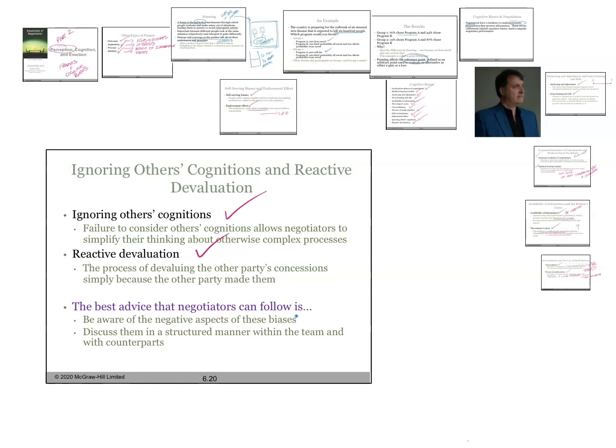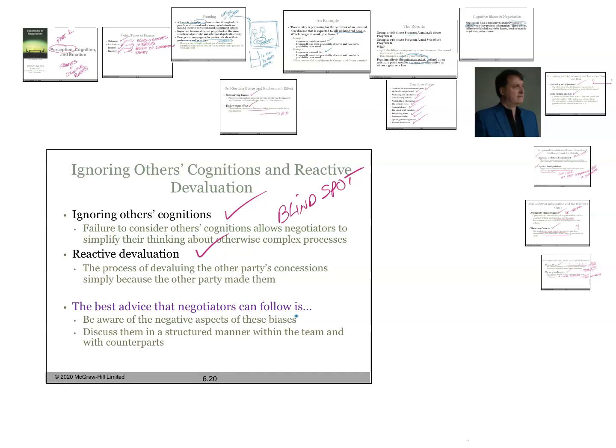But as we know with good negotiation planning, we need to think about what our opponent is going to be doing, how they might approach a negotiation, and try to understand how they move through the negotiation while it's happening. Listen to what they're saying, and you will be better off in the long run. It's simpler if you don't, but it's a blind spot. And the last one, reactive devaluation.